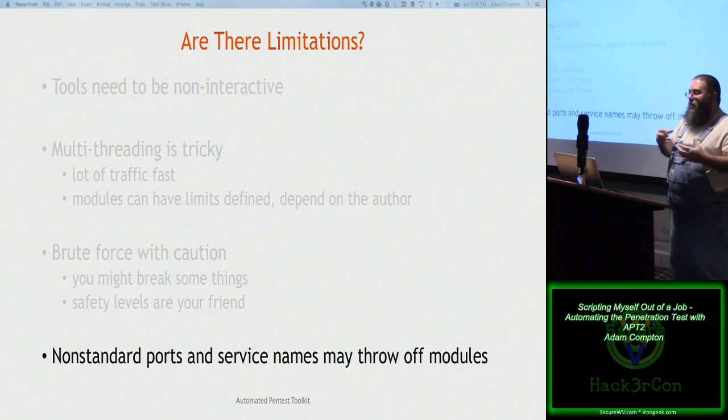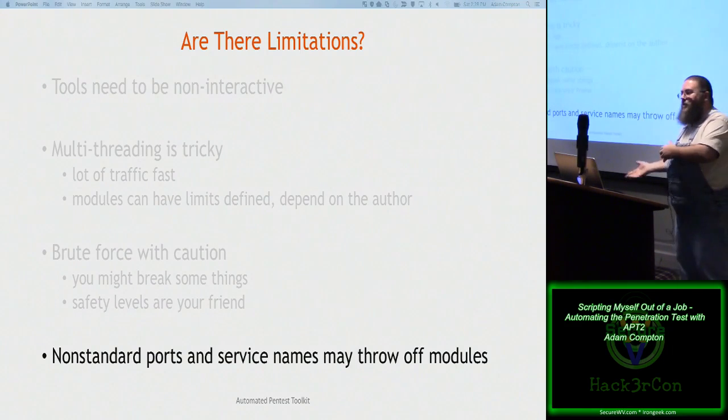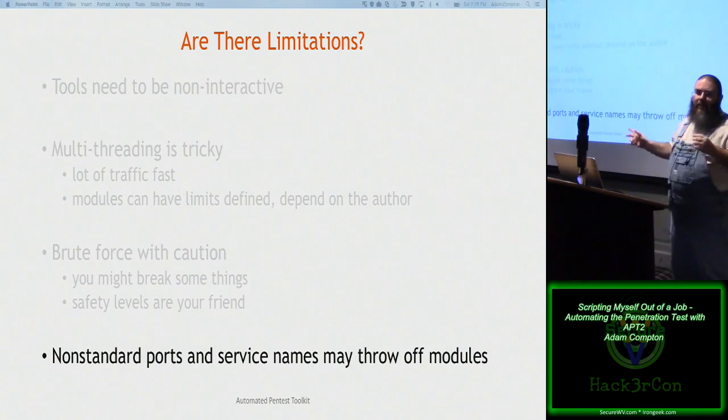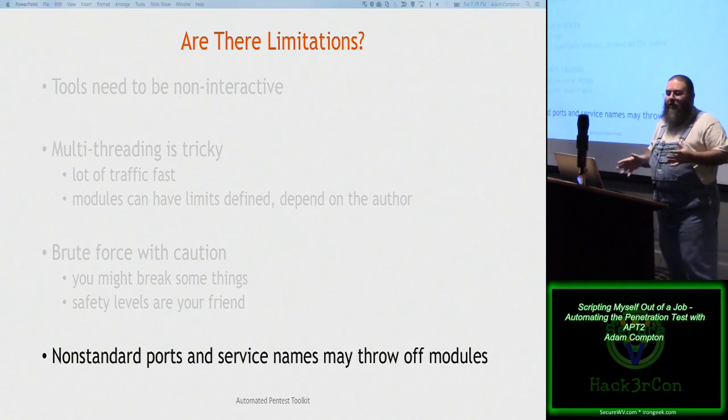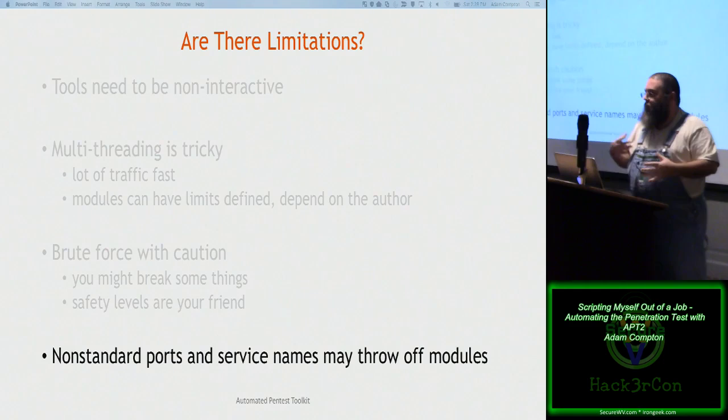Also, in the current implementation, things that are running on non-standard ports might throw it off a little bit. For example, you have FTP running on port 9000 for some reason. Nmap scans it, doesn't get a good feel on it coming back. It might be a custom written FTP service or something like that. So it doesn't fingerprint as FTP, so the tool isn't going to see it as FTP.